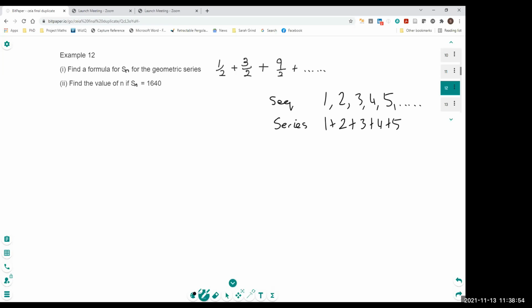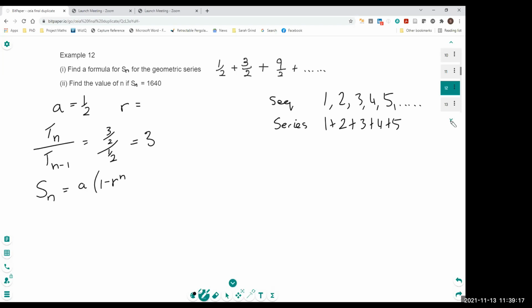So in this series, A is equal to a half. What's R? R is equal to T of n divided by T of n minus 1. And that's equal to 3 over 2 divided by a half, and that's equal to 3. So our S of n is equal to A times 1 minus R to the power of n all over 1 minus R. We substitute in the values we have and we get a half into 1 minus 3 to the power of n all over 1 minus 3.